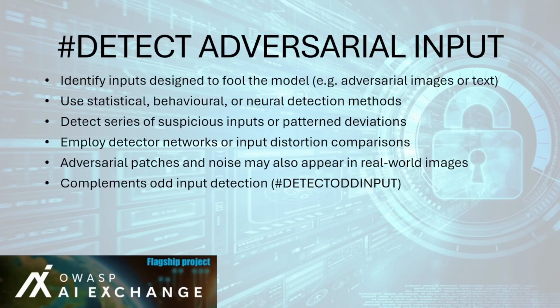This helps detect transferred black box attacks from similar models. 3. Detection networks. Secondary neural networks trained to spot adversarial inputs by analyzing model activations. This can operate as a pre-processing filter or parallel monitor, but attackers may try to evade them.